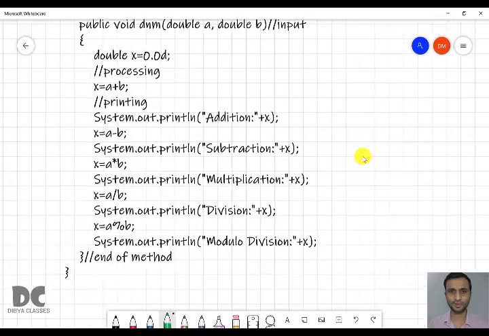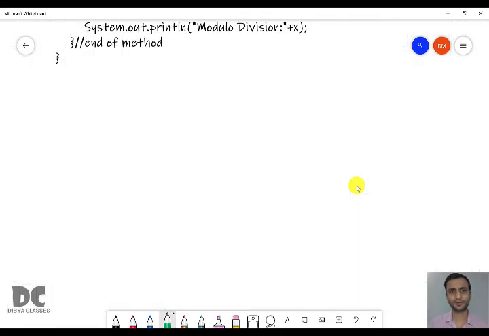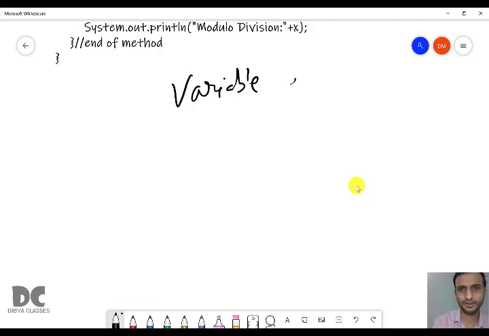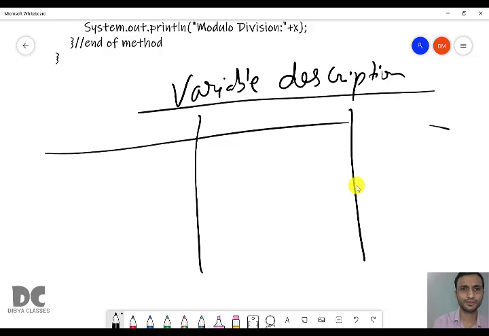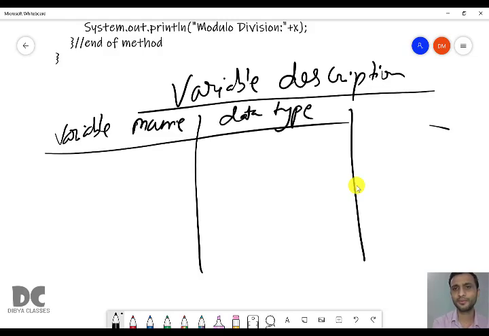So after writing the program in your copy, we'll give the heading variable description with 3 columns, variable name, data type and remarks.